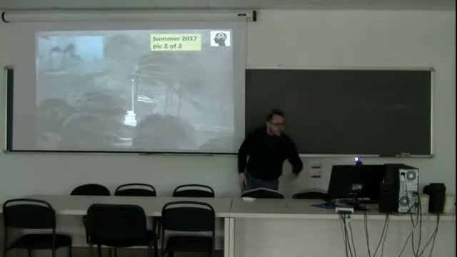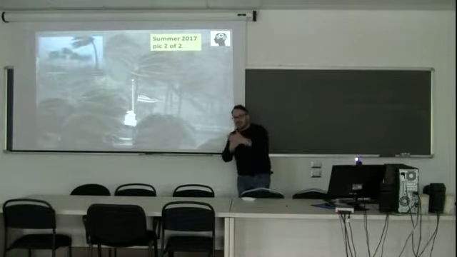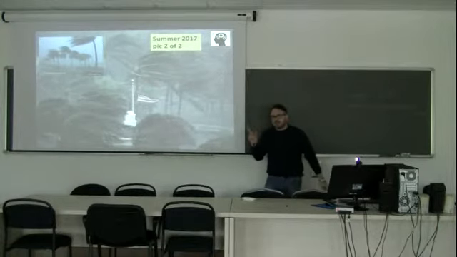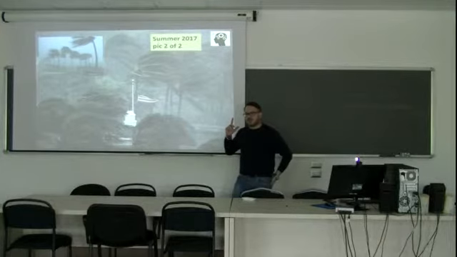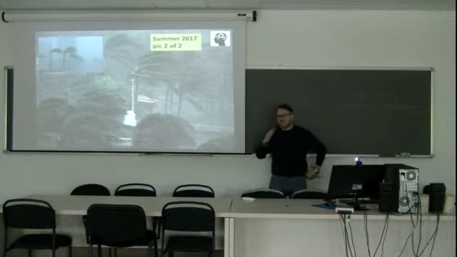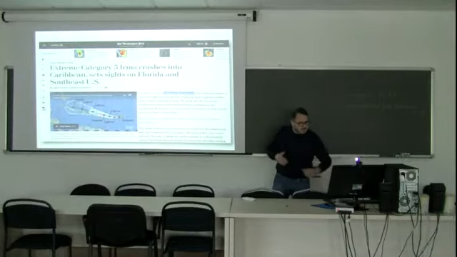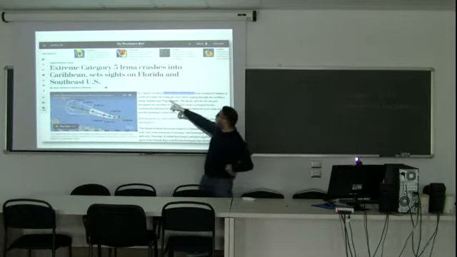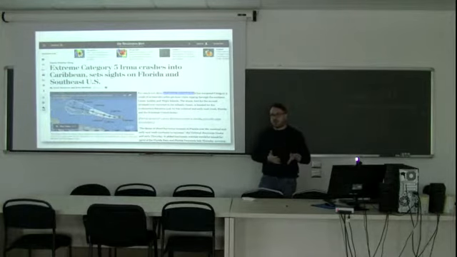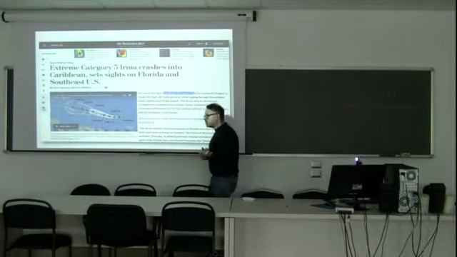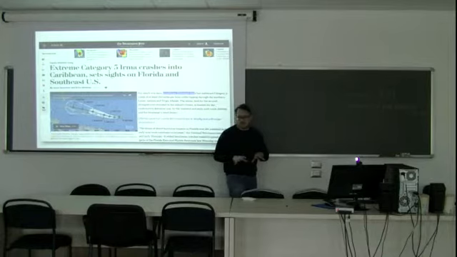Then we look at the other part of our planet. We are in the summer of 2017. There was the Irma hurricane. You remember the hurricane Irma? It was a terrible hurricane. On a scale from 1 to 5, it was a category 5 hurricane in Florida, in the southeast of the United States.